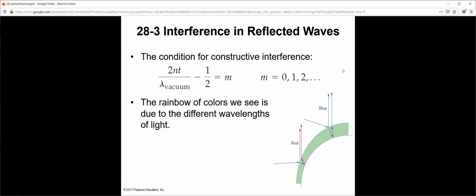So the rainbow of colors we see in, let's say, a soap bubble or an oil slick is due to the different waves reflecting light differently. Notice here, red has a larger wavelength, so it reflects tighter than blue, which has a shorter wavelength and reflects wider. This difference, when it bounces back, is why you get the rainbow effect, the prisming effect from these bubbles and things of that nature.